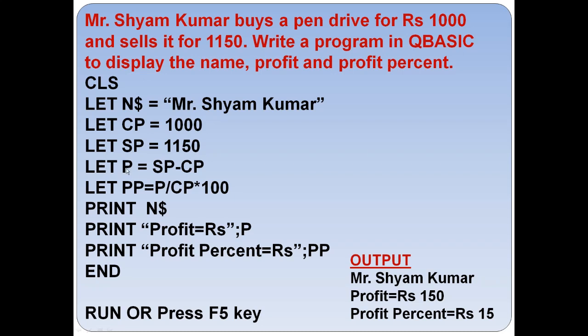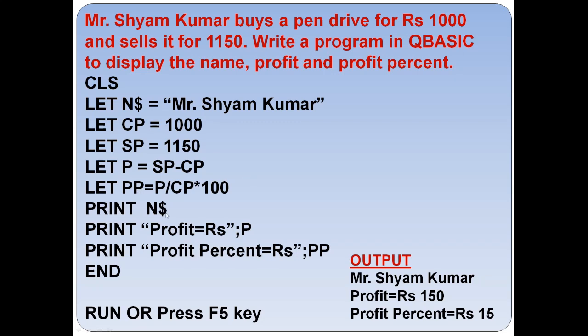Let P, the profit, be equal to SP selling price minus CP cost price, so selling price 1150 minus 1000. Let PP mean profit percent. Here we will write profit, which comes after the difference of these two terms, then divided by CP. After that it will be multiplied by 100.